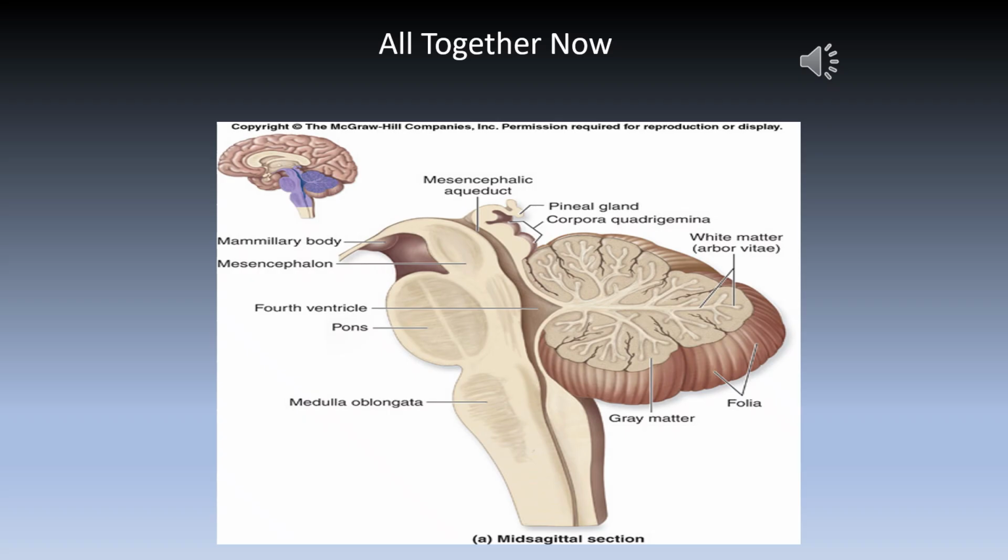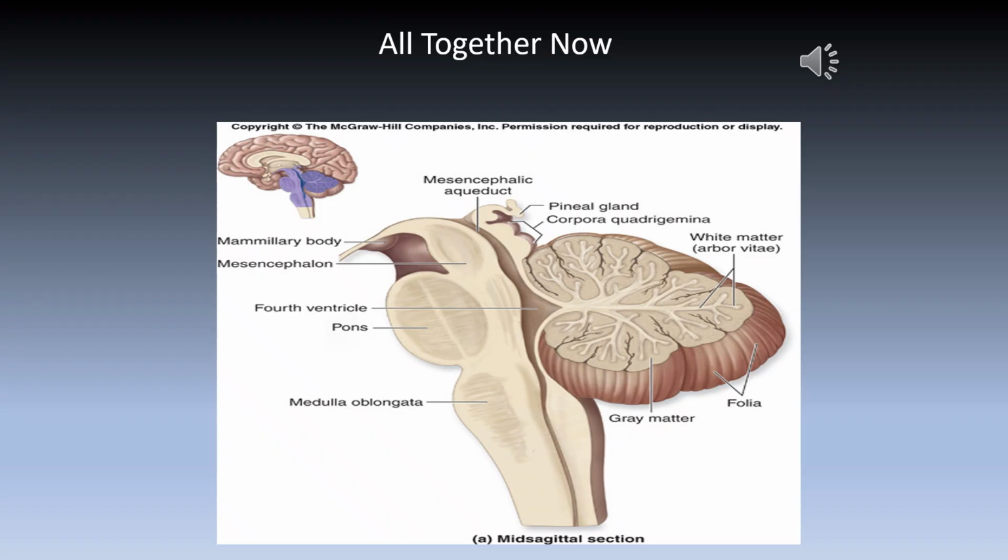So we have two inputs, the inferior peduncle and the middle peduncle, going to the cerebellum. This is sensory information about muscle movements, posture, and balance. The cerebellum is a chief controlling center for maintaining balance and posture and coordinating skeletal muscle movements.